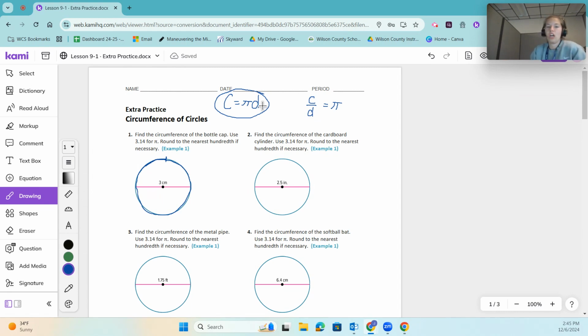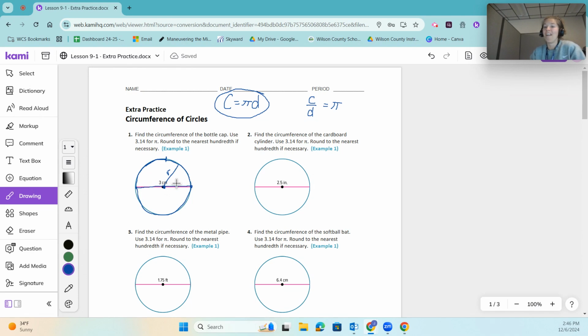Now, one thing to know here also, your diameter is the distance from one side of the circle all the way to the other through the center. Okay, diameter goes all the way across. Okay, one other measurement we're going to need to know about is radius. Okay, radius is from the center of the circle to the edge.